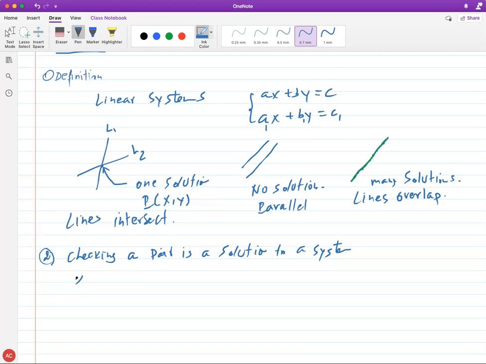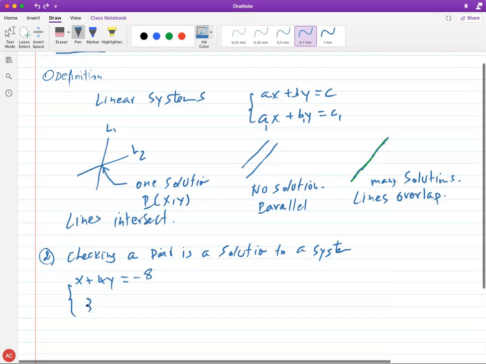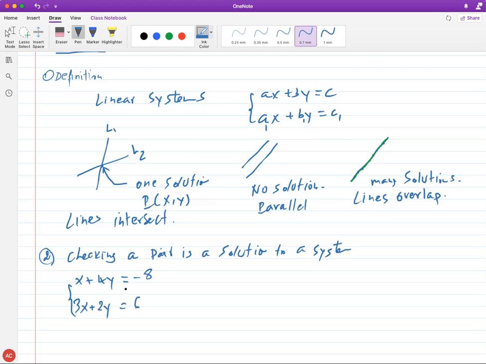So I'm going to take x plus 4y and 3x. Okay, as you can see, that's a system here, 2 lines, and these lines either meet, are parallel, or overlap.